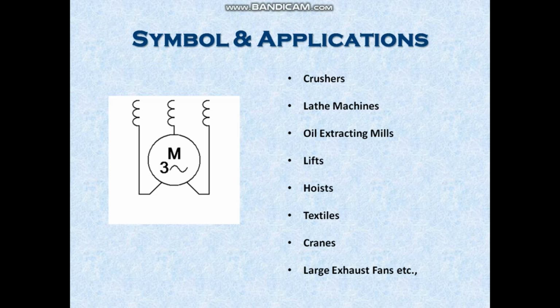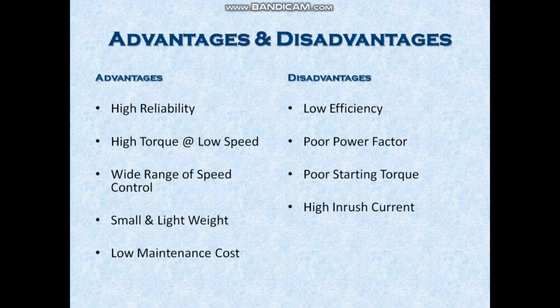The various applications of the three-phase squirrel cage induction motor include crushers, lathe machines, oil extracting mills, lifts, hoists, textiles, cranes, and large exhaust fans. Now, let's see the various advantages and disadvantages of the three-phase squirrel cage induction motor.